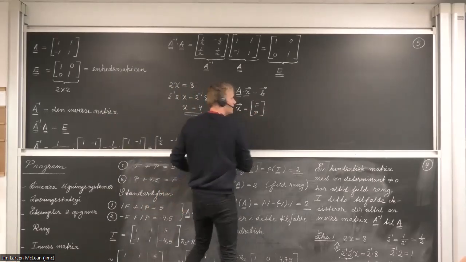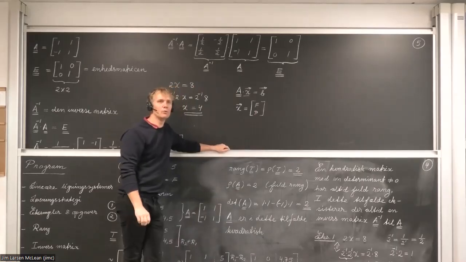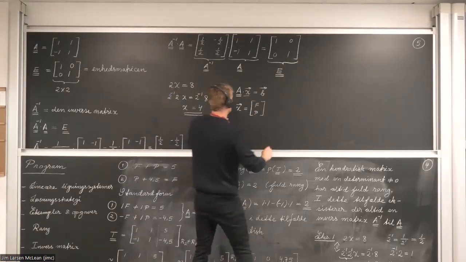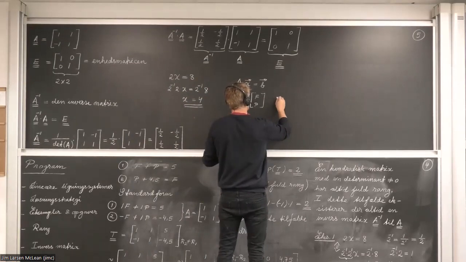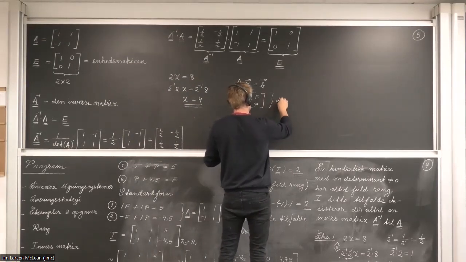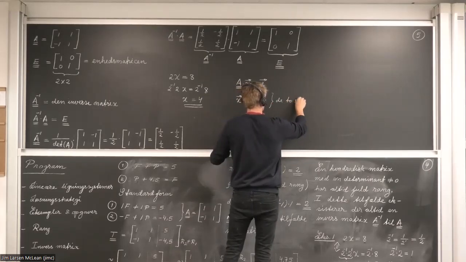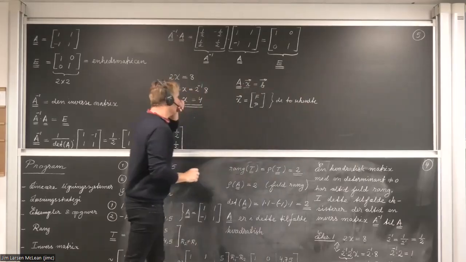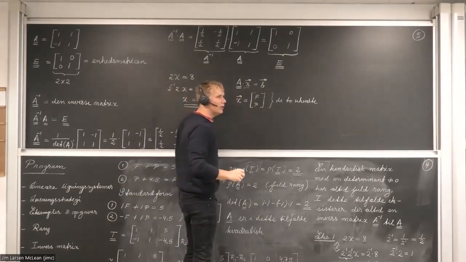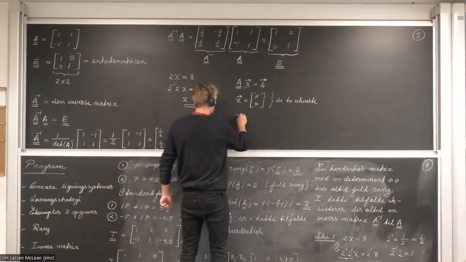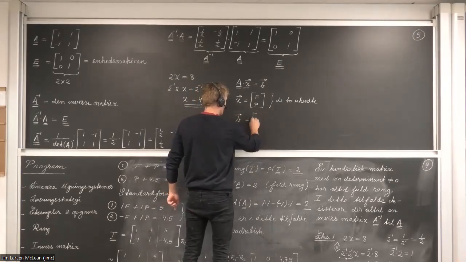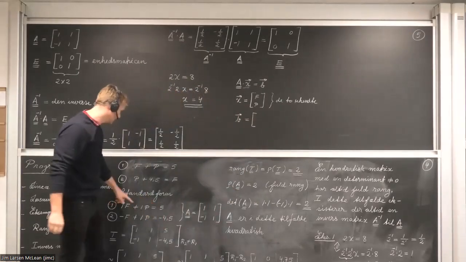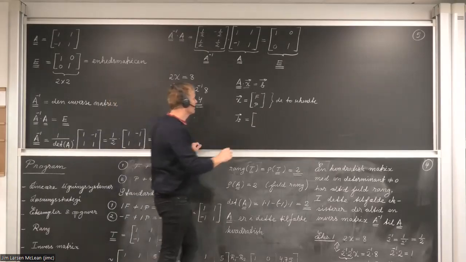So x is a vector that contains the 2 unknowns. These are the 2 unknowns here, right? And b is a vector that contains the right side. So in our bottle and cap example, the b vector is called 5 and minus 4.5.